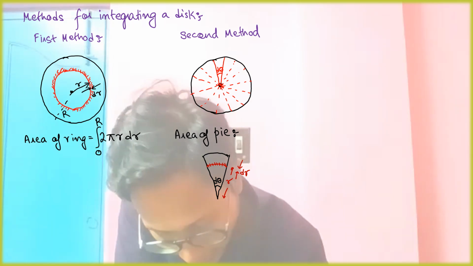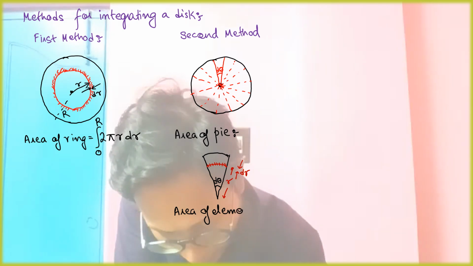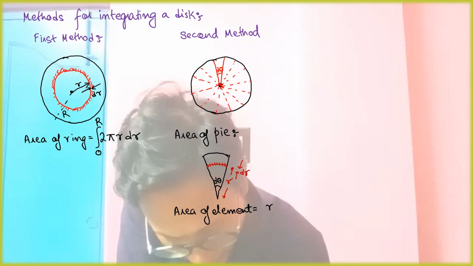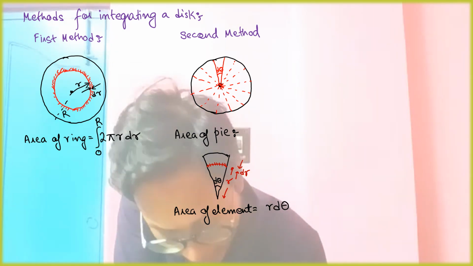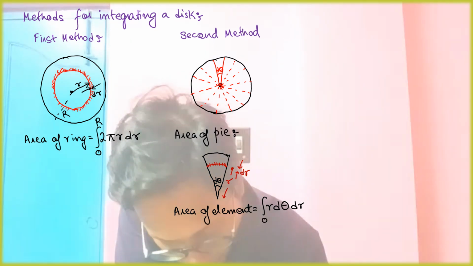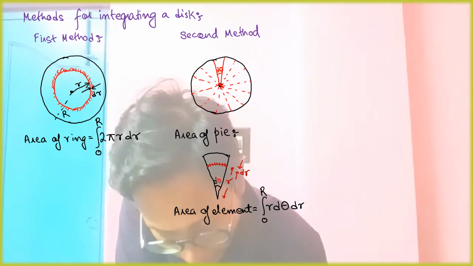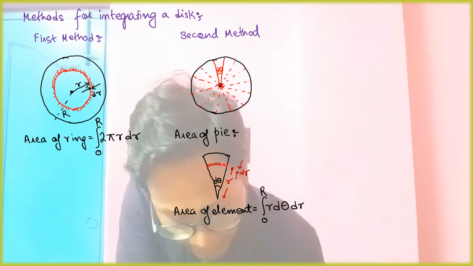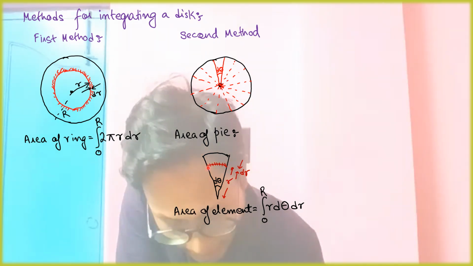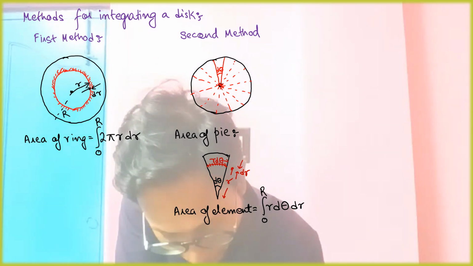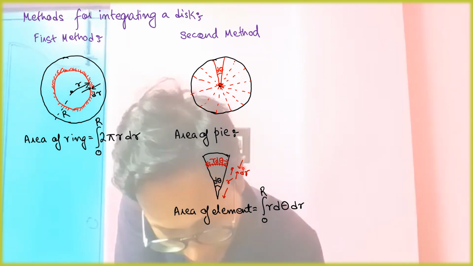So the area of this line, or area of element, is nothing but length, which is r into d theta, into thickness, which is dr. And when you integrate this function from 0 to capital R, we get the area of the pie.